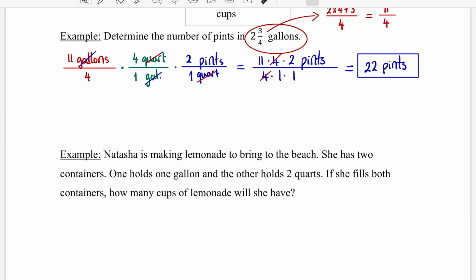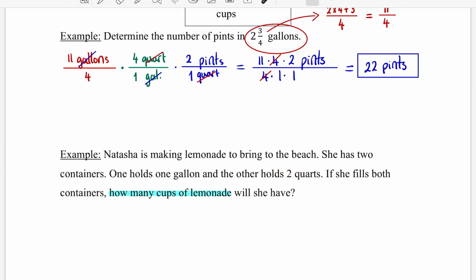Example 2. Natasha is making lemonade to bring to the beach. She has 2 containers. One holds 1 gallon and the other holds 2 quarts. If she fills both containers, how many cups of lemonade will she have? The question is asking how many cups of lemonade she will have if she filled up a 1 gallon bottle and then a 2 quart bottle.